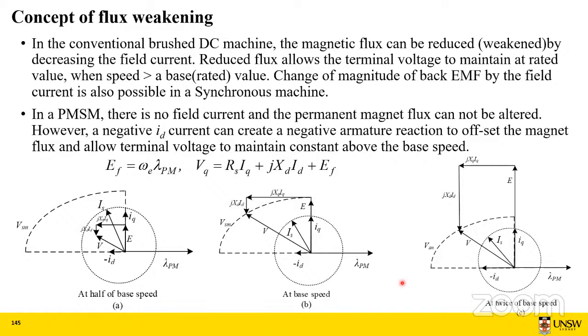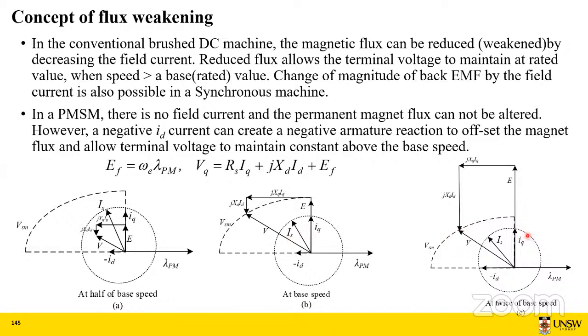So that's how you can do flux weakening in a PM machine. By increasing the negative ID current, we can make this term become more and more negative so that the resultant voltage phasor still remains within the limit.